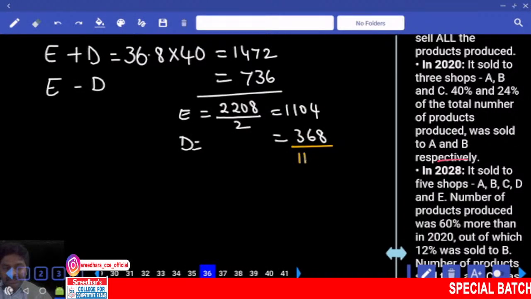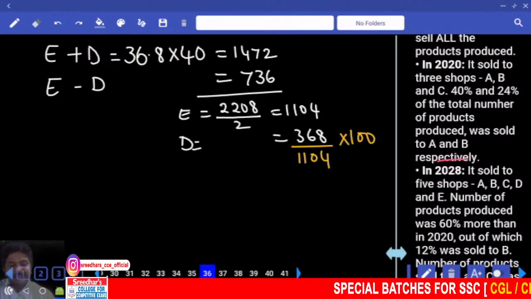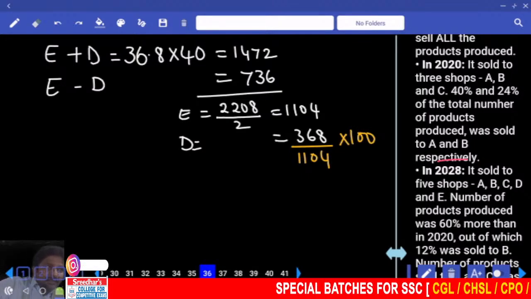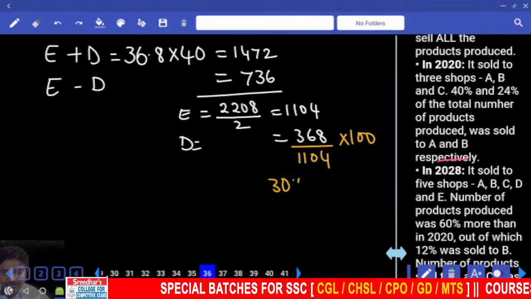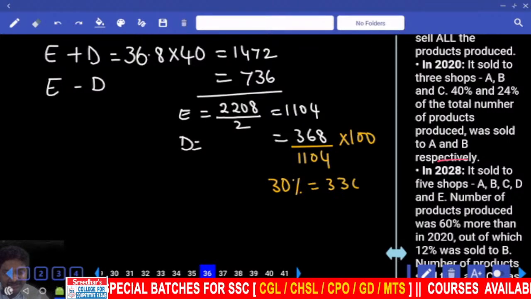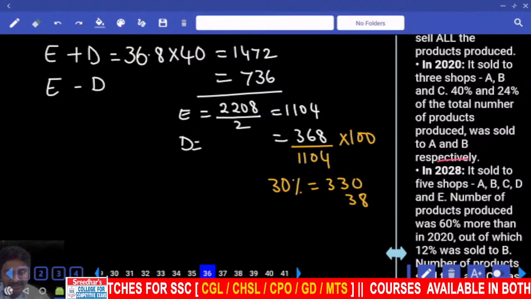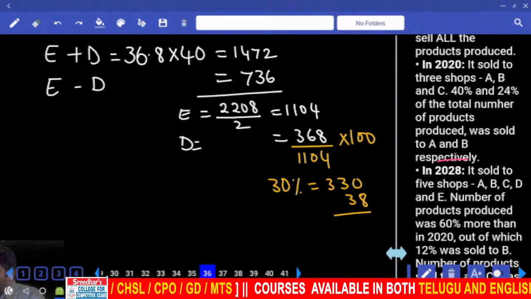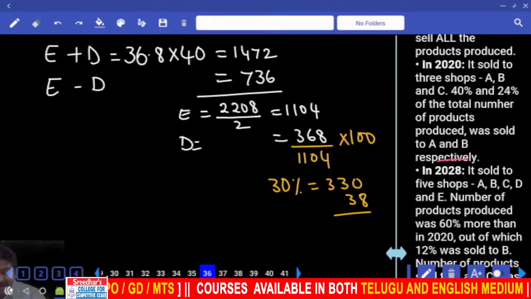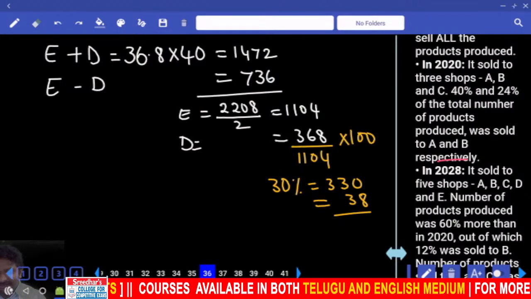E value is 1104 percentage into 100. 10% of the denominator, approximate 110. 30 percentage is 330. Still how much more you need to add? 38. 1% is 30. 1 percentage is 11. 3% 33. And we need to add a number which is close to 33 only.